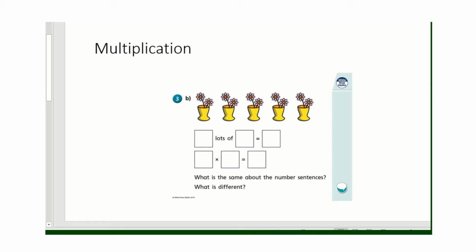What is the same about them number sentences and what's different? Because 5 lots of 2 equals 10 is the same as 5 times 2 equals 10. The thing that's different is we're using the word lots of and times, aren't we? Or multiplied.